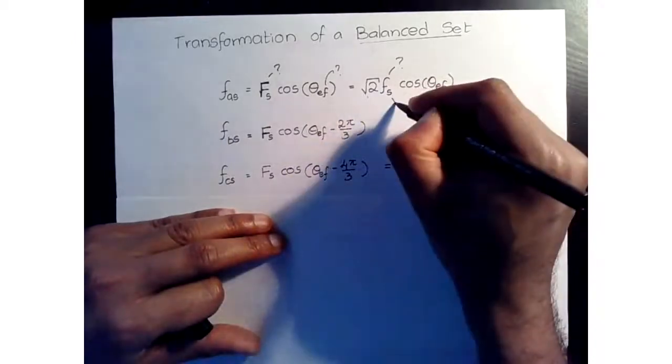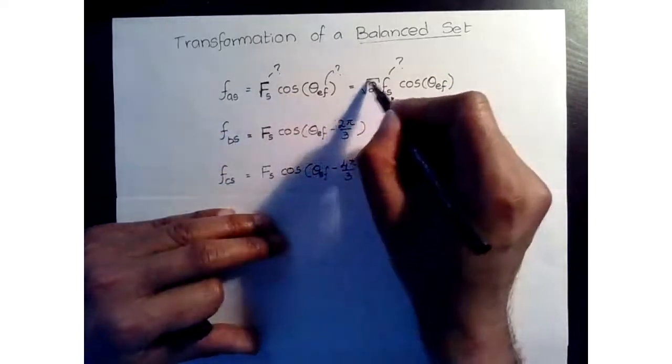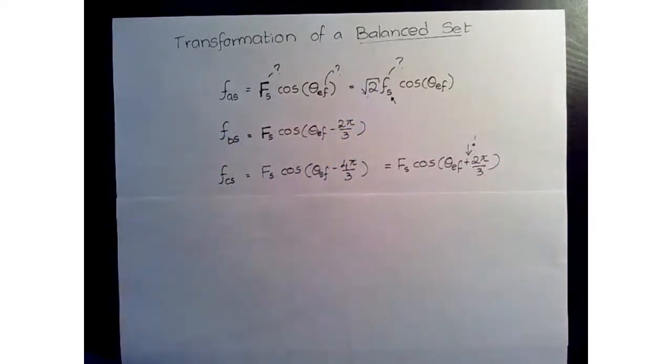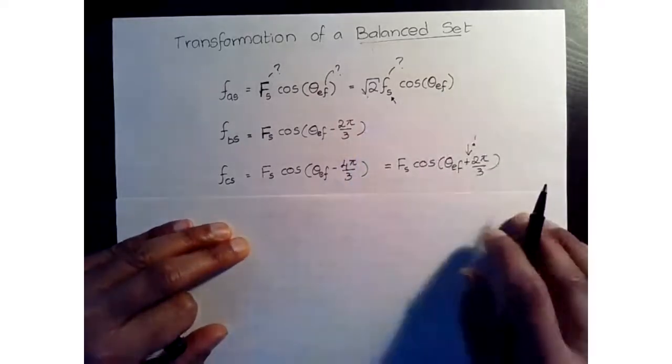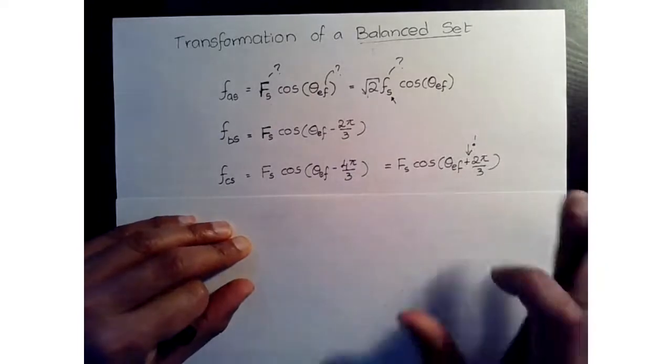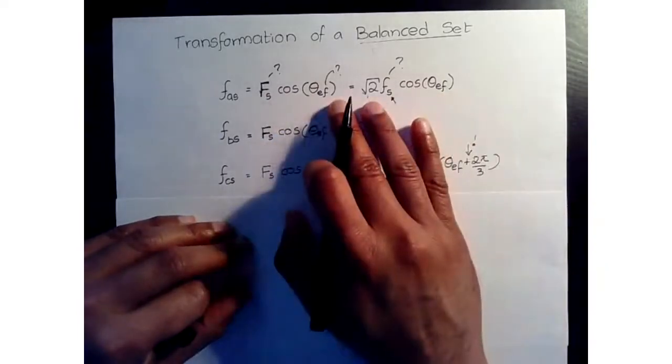And then what does this mean? If this is our peak, when we say in this term root 2 Fs, what does that tell us? You should remember this from the topics that we have been discussing. This is our RMS value. Okay, so there are two forms of representing the same idea.